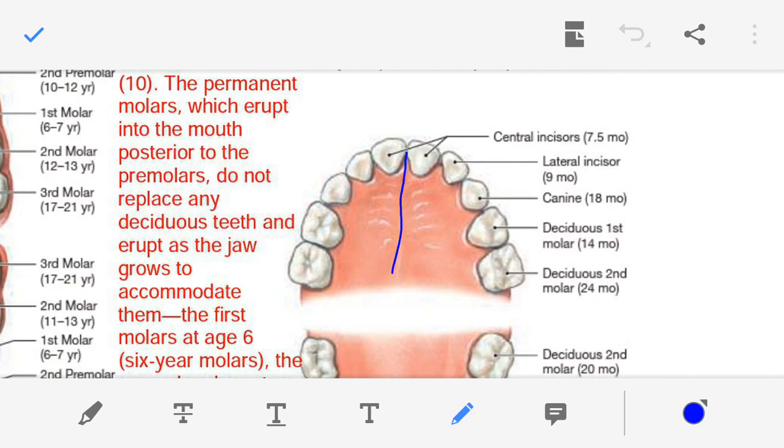Just around the midline, as you can see, the central incisors are present, and posterior to them the lateral incisors are present.